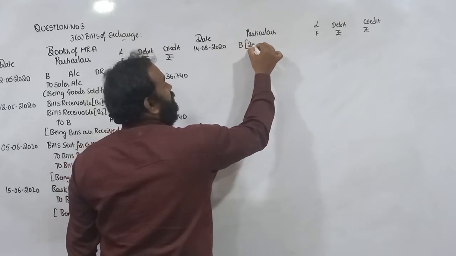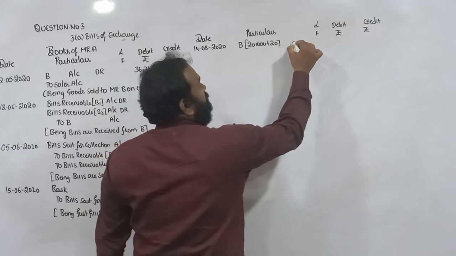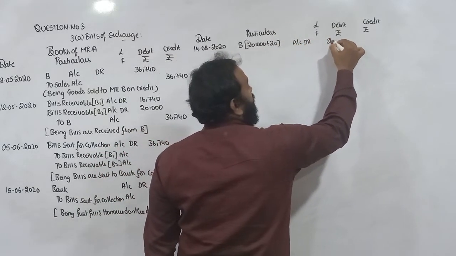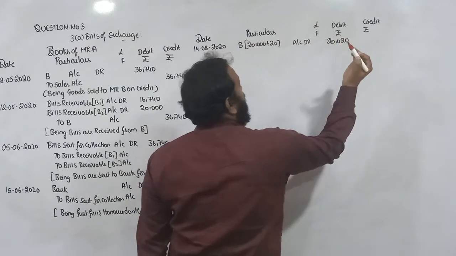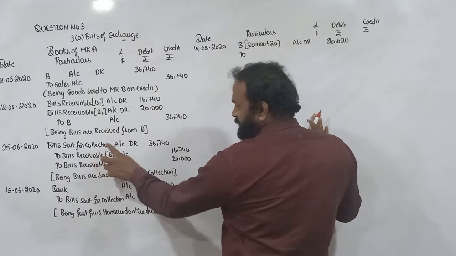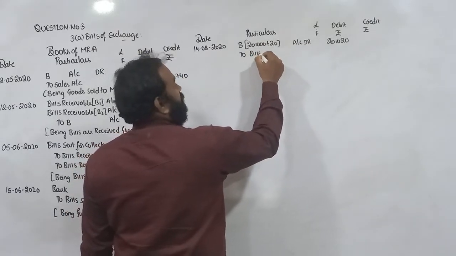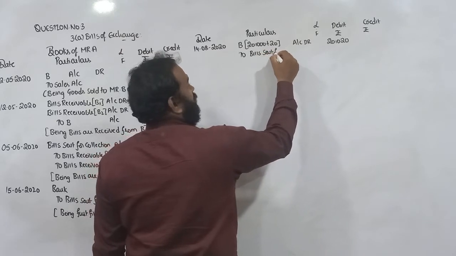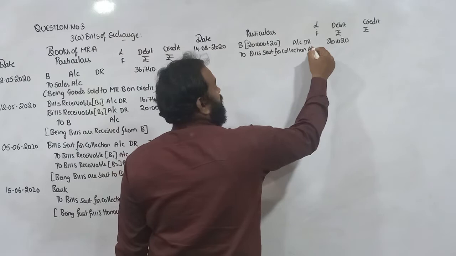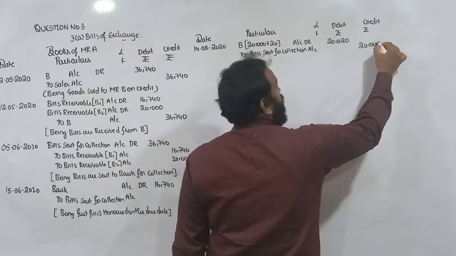B, 20,000 plus 20 account debtor 20,020. You have to credit bills sent for collection account, how much? 20,000.